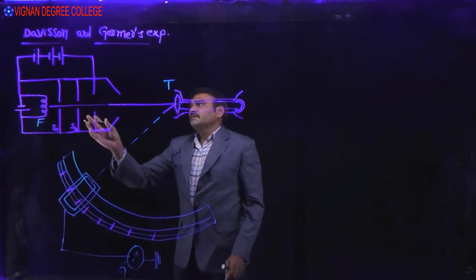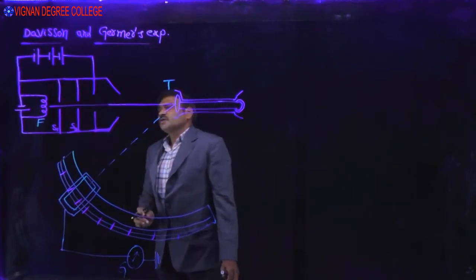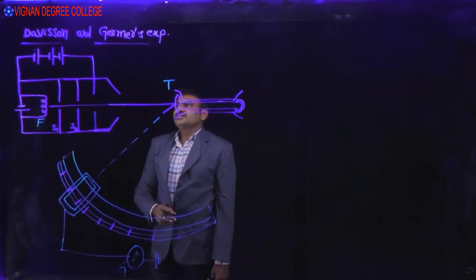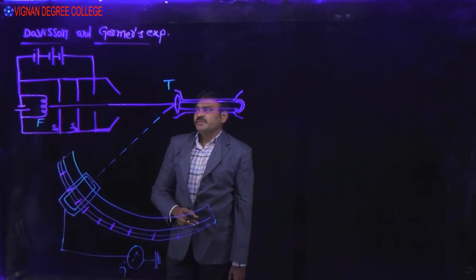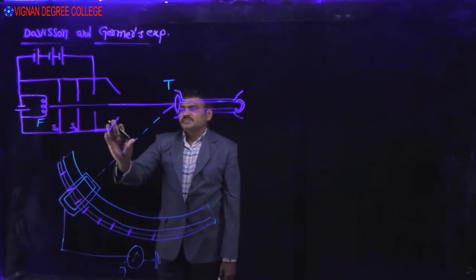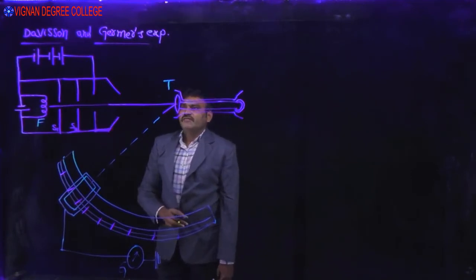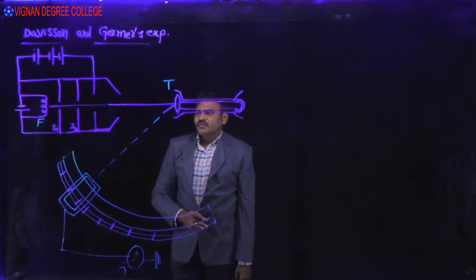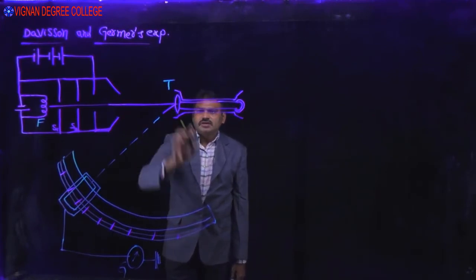Now once again, look at the schematic diagram of Davisson and Germer's experiment. They conducted the experiment on the electron diffraction pattern. Here the diffraction pattern is formed by using a nickel crystal.